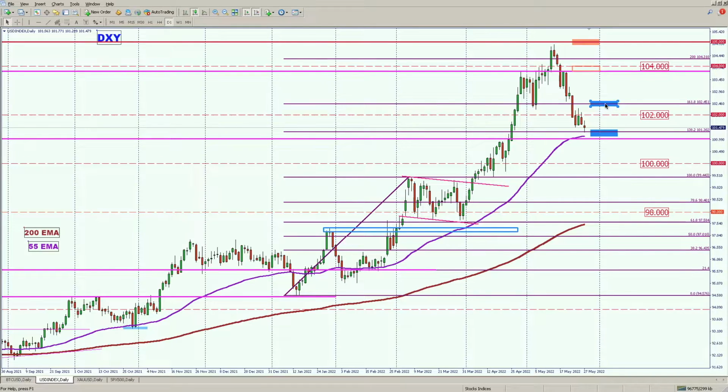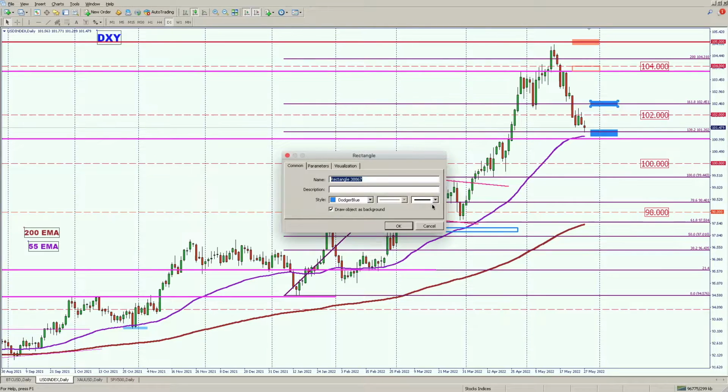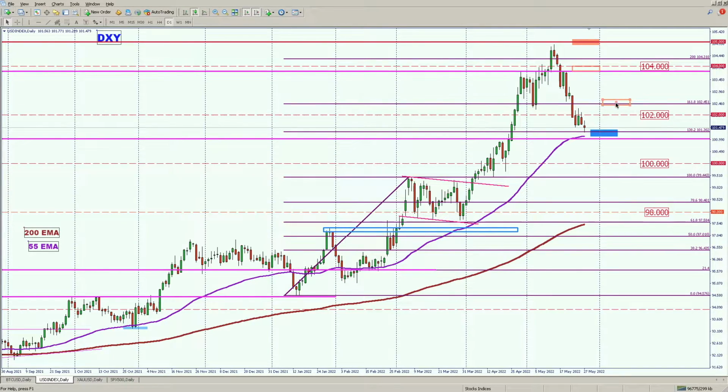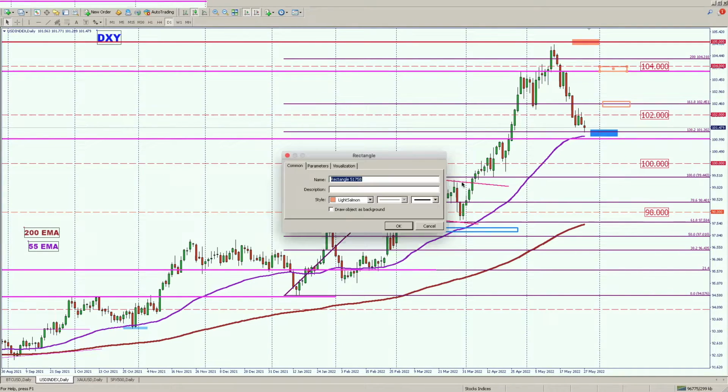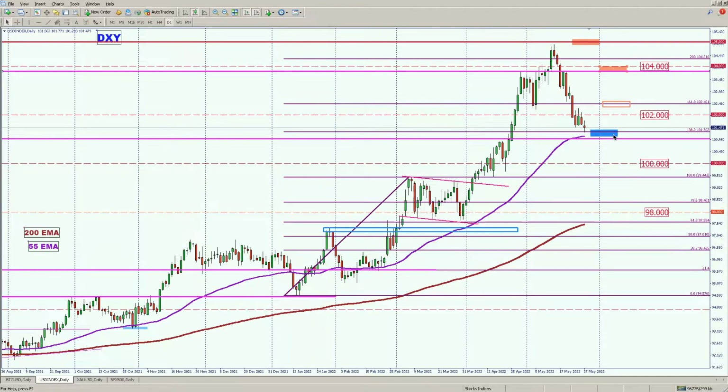So this is now going to turn into resistance. Let's move it over slightly here, and next major one is right up here. It's below the 104. Of course, the 105 is a major resistance where it failed to hit.